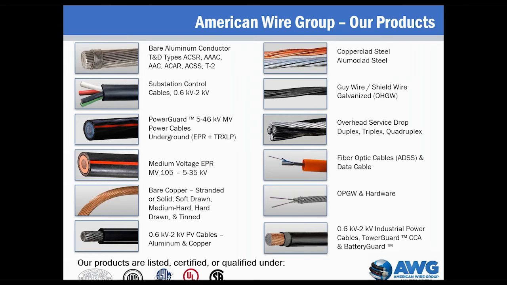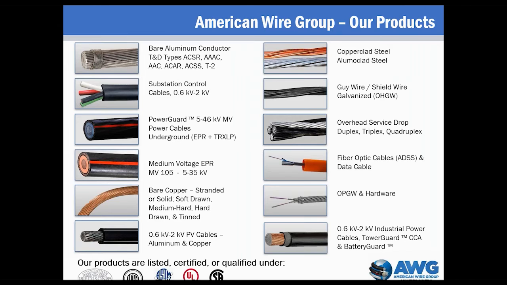We use only the highest grade EPR and TRXLPE insulation compounds for a worry-free medium voltage cable system. Although our focus is on concentric neutral or round wire metallic shields, we also have flat copper tape or flat copper strap metallic shields, should your need for these systems arise.